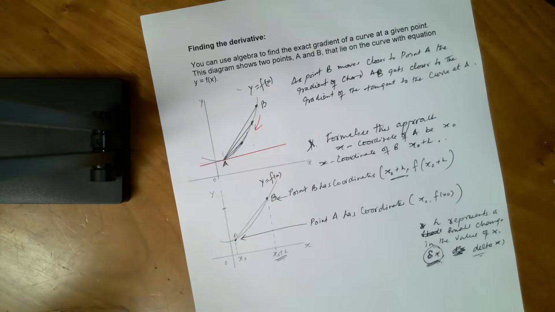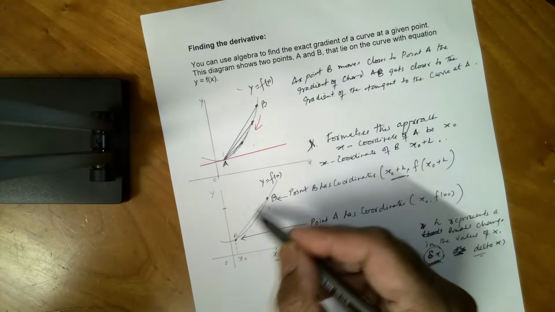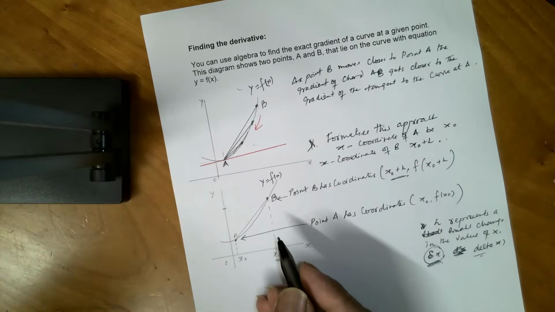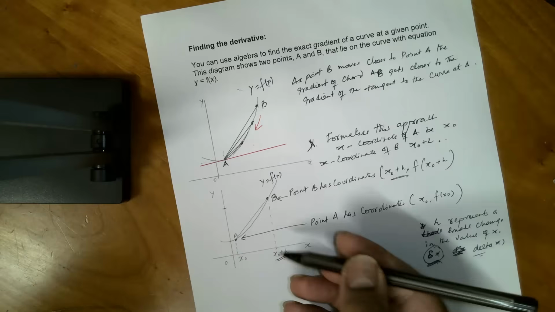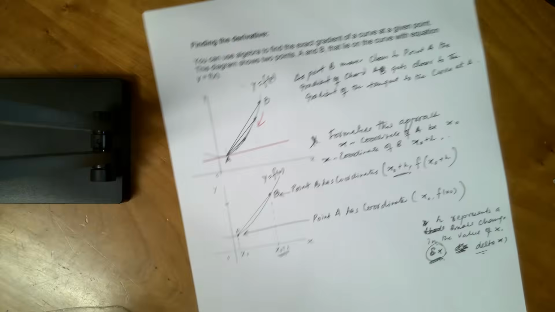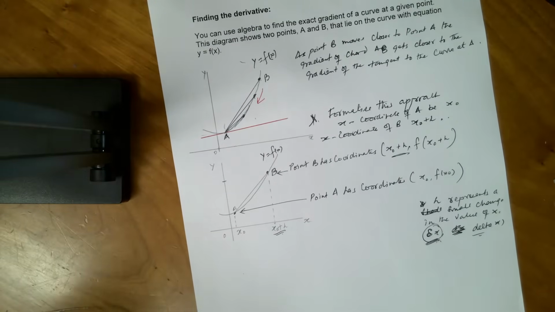Then consider what happens to the gradient of AB as h gets smaller, which means h will go this side slowly. I hope this one is clear.